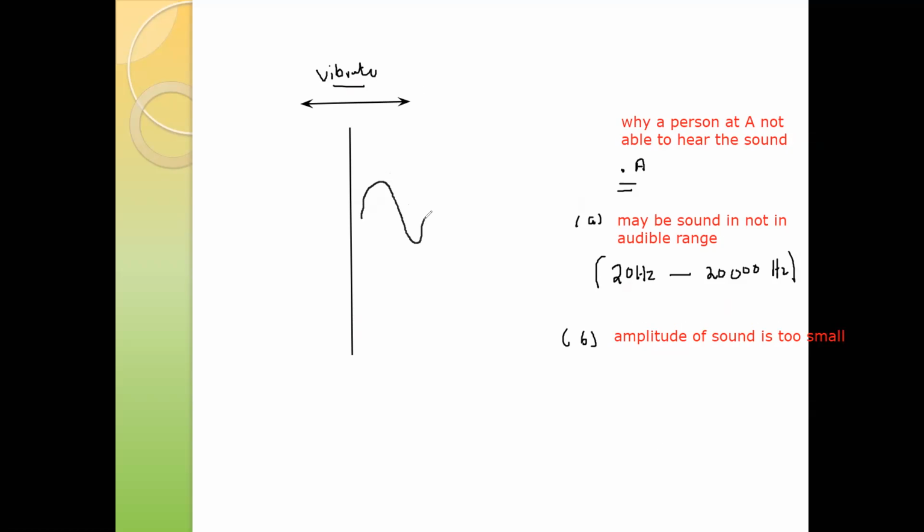So its amplitude decreases. If a person is producing a sound at position 1, what happens when the sound travels is that its amplitude is decreasing. So maybe at position A, no sound is received. Why? Because the amplitude might be too small.